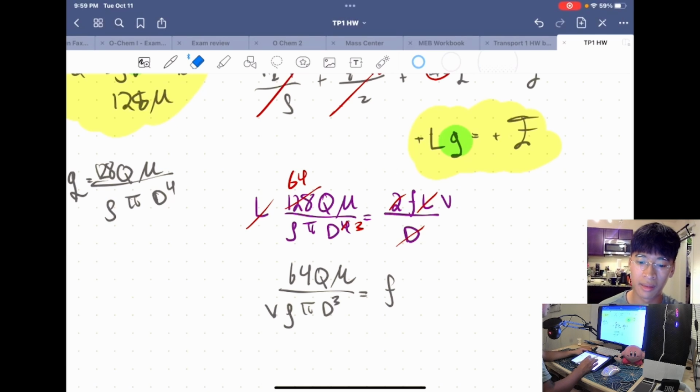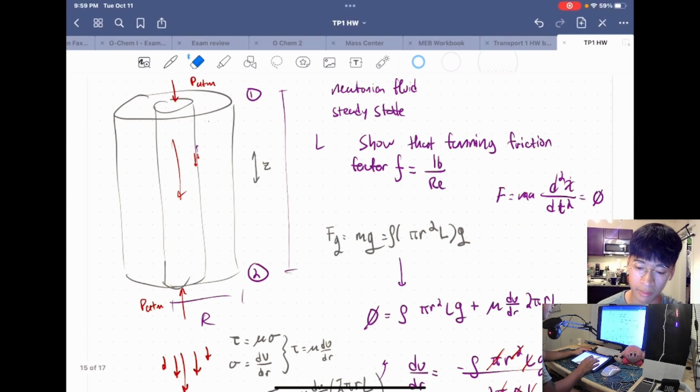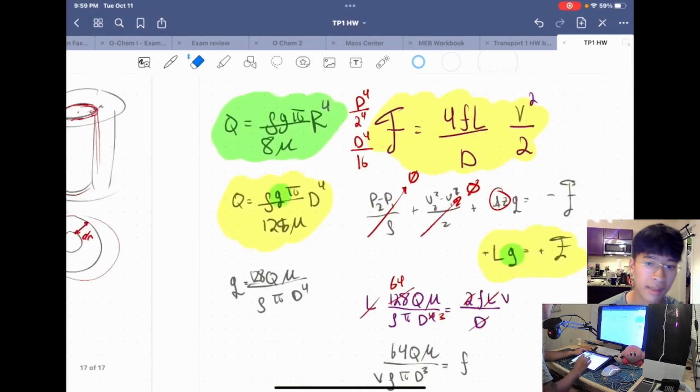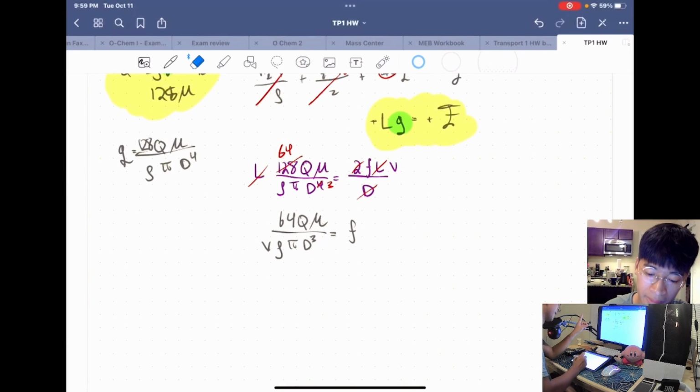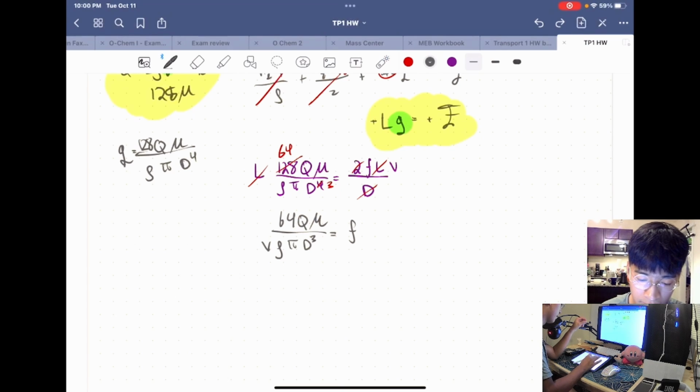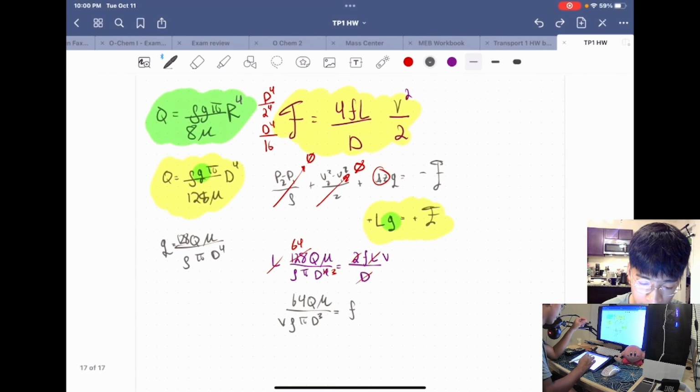Doesn't look quite like our goal, right? Our goal is 16 over the Reynolds number. So what does that tell us? That tells us A, we're gonna find the Reynolds number somewhere in here, and B, we still have this Q here, okay? This Q can be expanded, right?